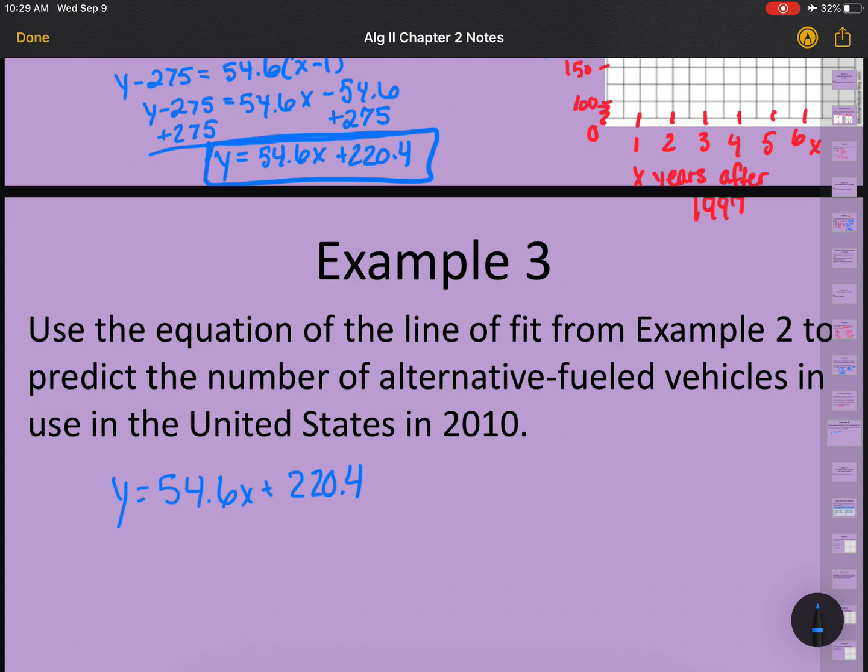And for x, we're filling in the number of years that passed from 1997 to 2010, because remember, x represented the years after 1997. The years between 2010 and 1997 is 13 years, so we're filling 13 in for x.